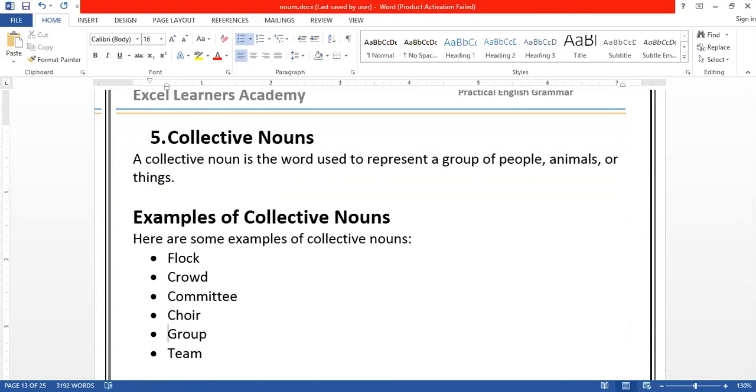Or collective nouns are those nouns that are singular in form but plural in meaning. Let me write down another definition.